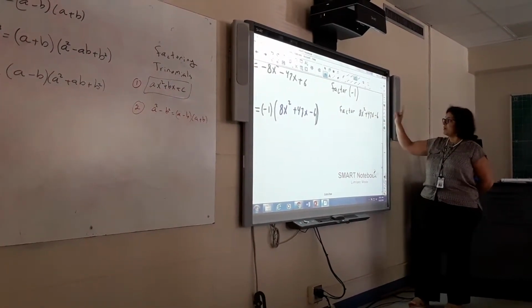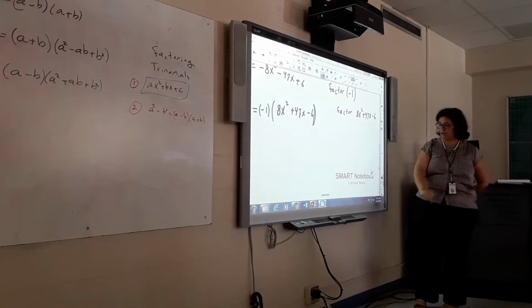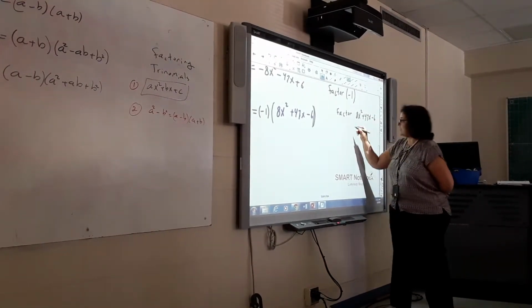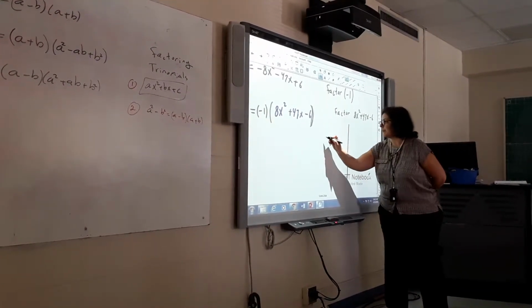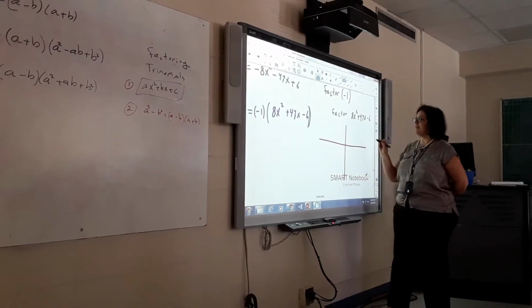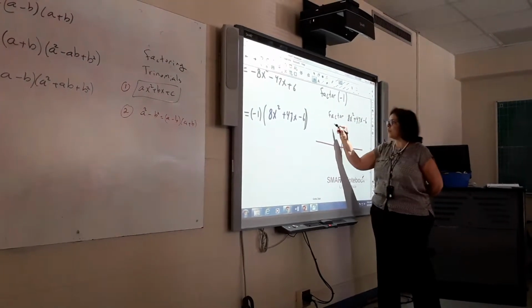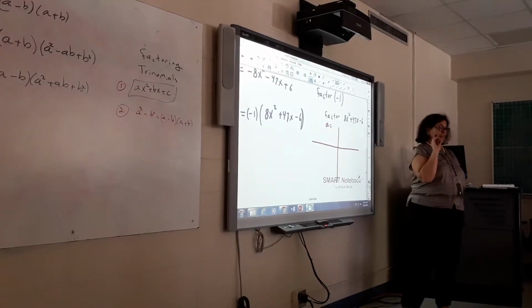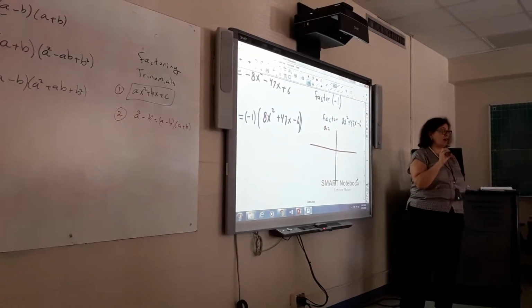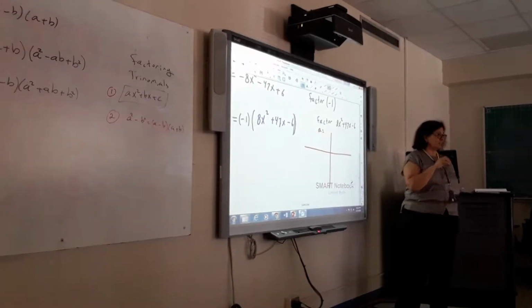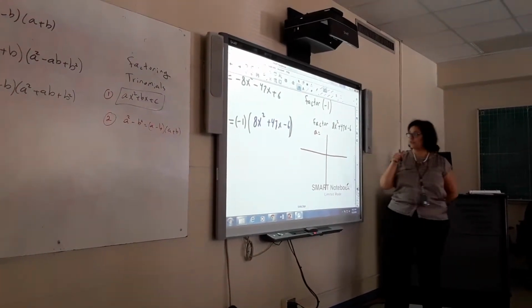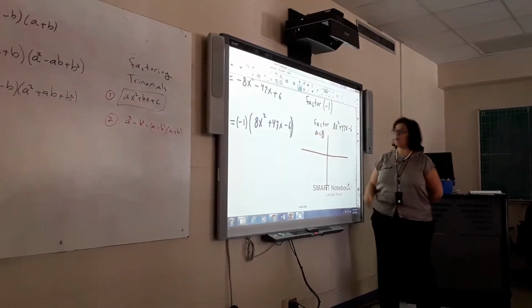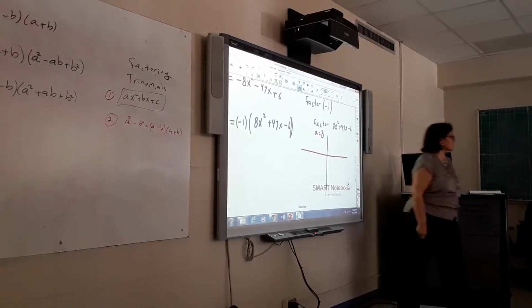What is my B? What is my C? I'm pointing with my fingers. What is my A? A equals what? Say it. Not 8x. It's only the coefficients. Got it? Good. We find the corresponding parts.